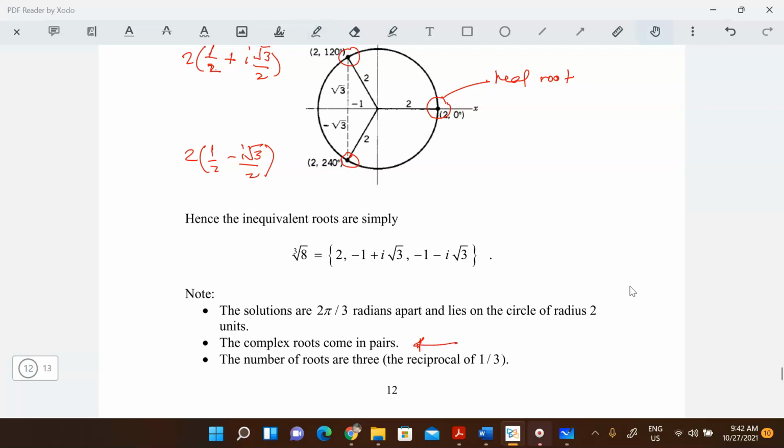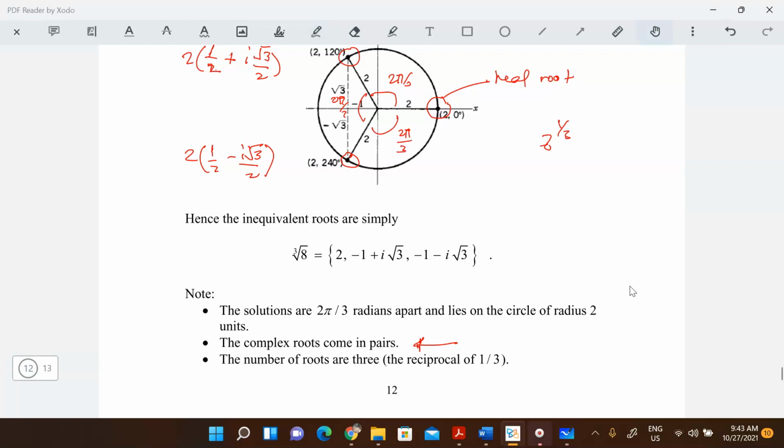The other thing, probably a geometrical thing, is that when you do the cube root, your angles are divided equally into 3 parts: 2 pi over 3, 2 pi over 3, 2 pi over 3.